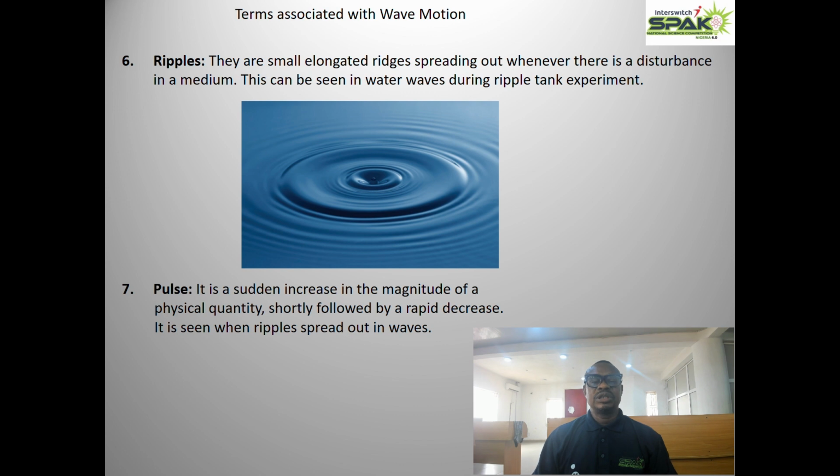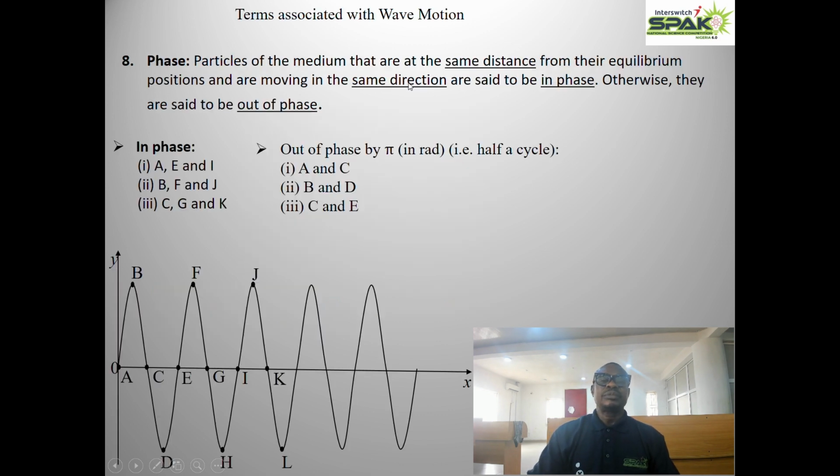A pulse goes up, comes down. That is what the pulse means. Then, when you want to understand ripples, pulses, and some properties of waves, you can study them using a setup which is called a ripple tank. That we shall discuss later.